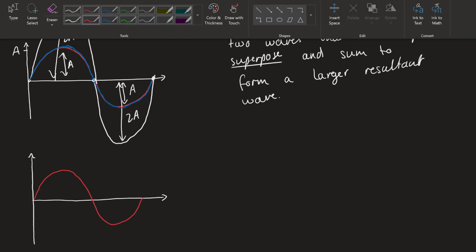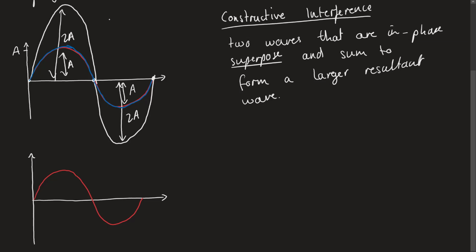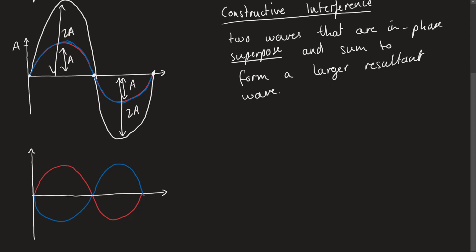Now, if the second wave, which is the blue wave, is in antiphase with it, it means that it's pi difference, which means that this point here actually starts here. And so I'm going to start it by doing this. And then because I know this is going to be a continuous wave, it would eventually trace backwards and do this. Now, you can probably assume what's about to happen here.